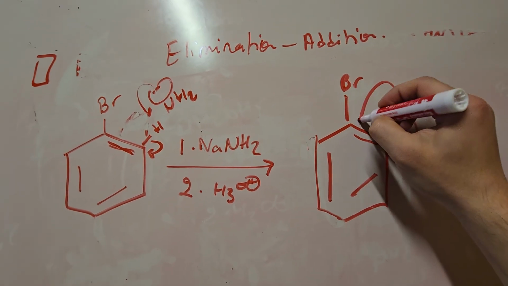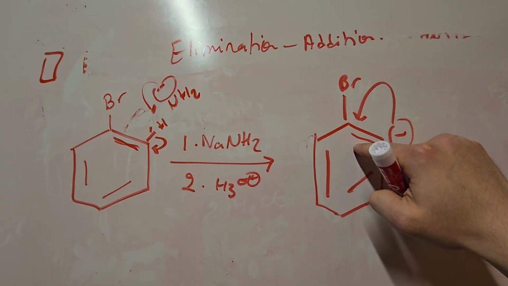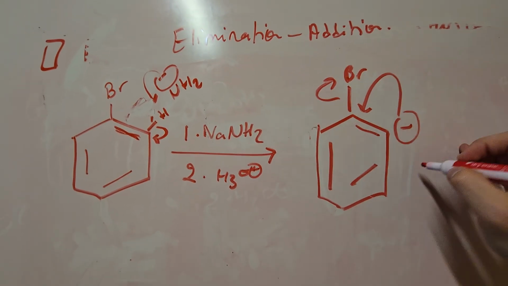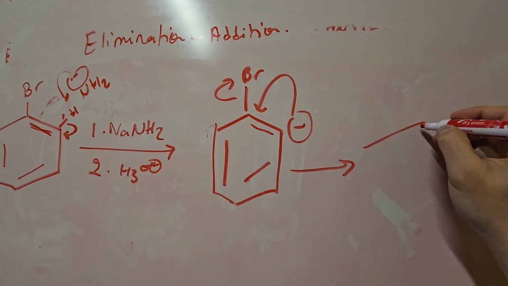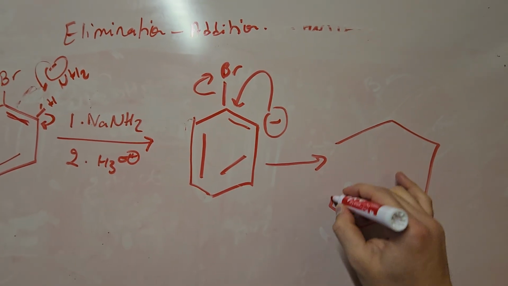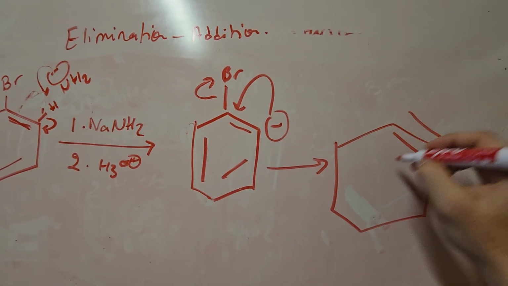Now, this charge is added to form another pi bond, and bromine leaves, and we're left with this intermediate, a benzyne.